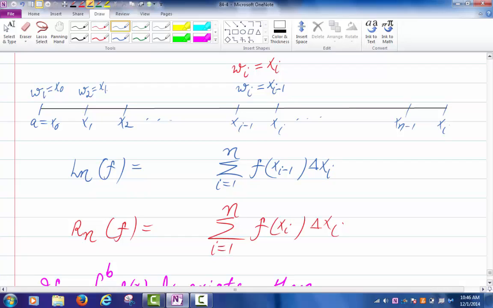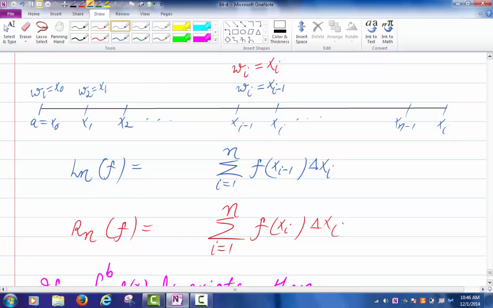And then instead of picking the sample points to be the left-hand points, I can pick the sample points to be the right-hand points of the subintervals. In that case, I call that Rn of f. Rn of f is the right-hand Riemann sum.